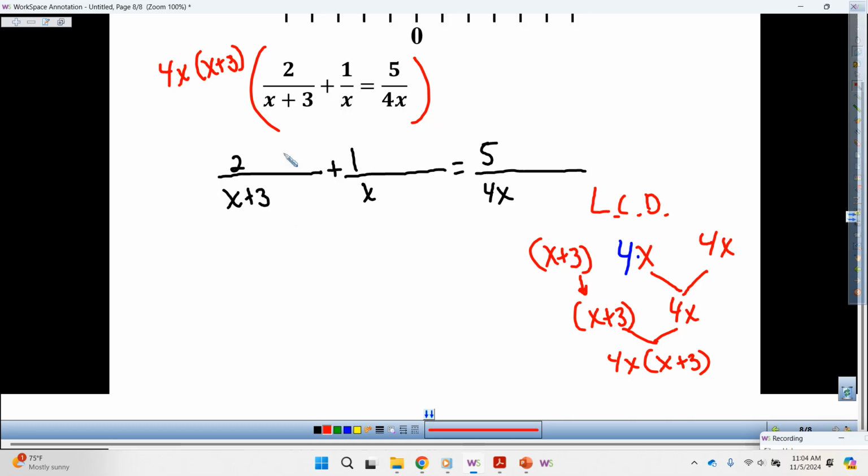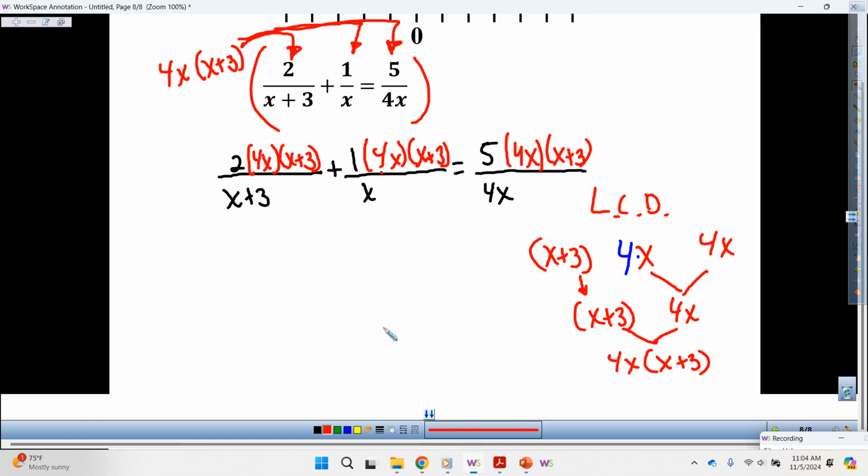If I distribute this to the first fraction, we got 2 times 4x times x plus 3. Distribute that to the second fraction. That means 1 times 4x times x plus 3. And then if we distribute that to the third one, we got 4x times x plus 3.